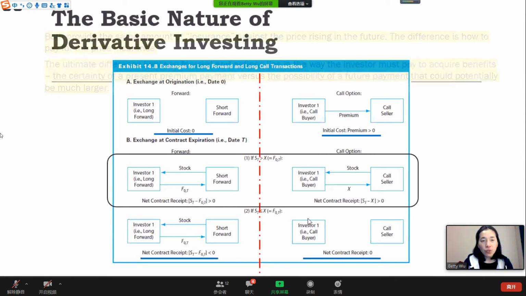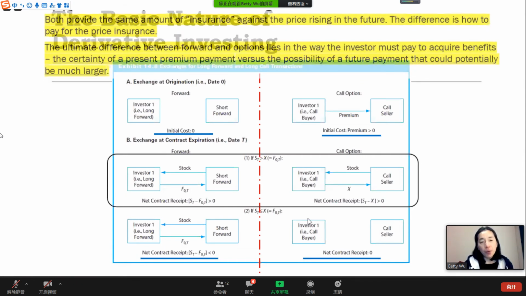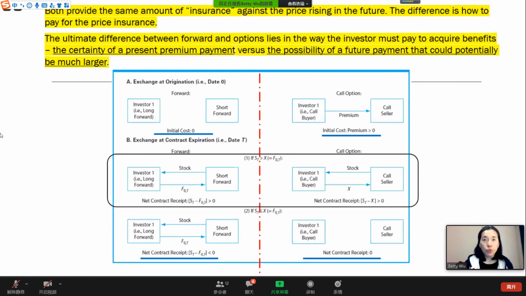Okay, so this is really the takeaway. Both provide the same amount of insurance against the price rising in the future. Okay, so this can help you or guarantee you a lower price, right? So you don't have to buy at a higher price. That's fine.